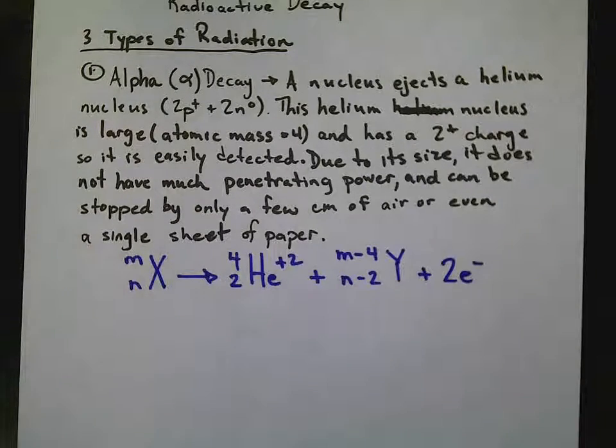And the simplest way to think about our daughter atom in this case is that the atomic mass is 4 fewer than the parent atom, and our atomic number is 2 fewer.